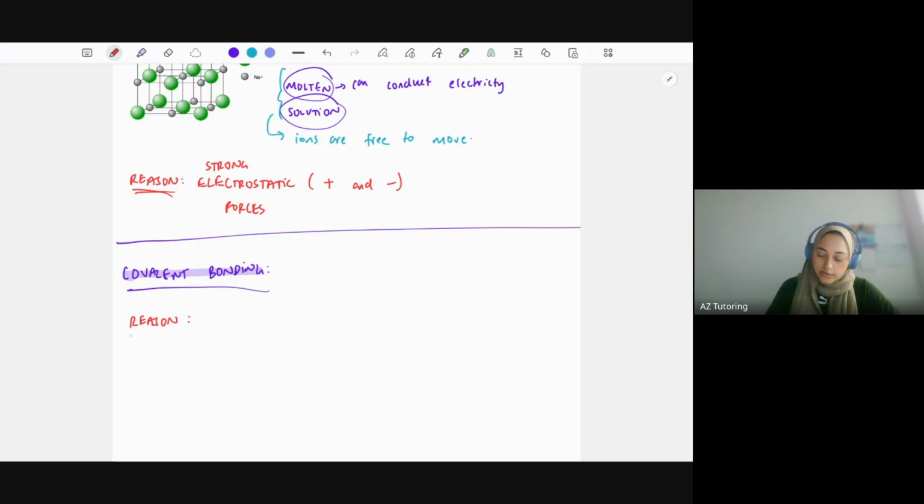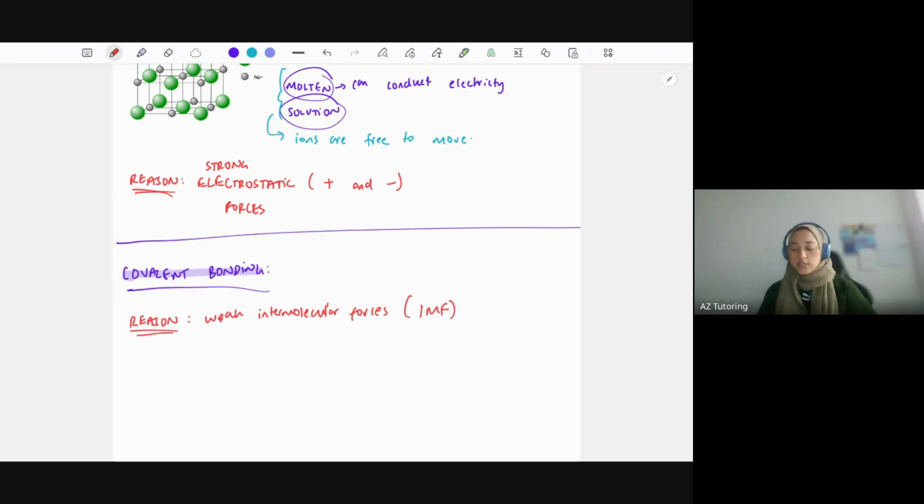The reason why some simple covalent molecules, and when I say simple covalent molecules, I mean stuff like oxygen, water, carbon dioxide, so just simple molecules, have low melting and boiling points is because they've got weak intermolecular forces, which you sometimes might see as IMF.